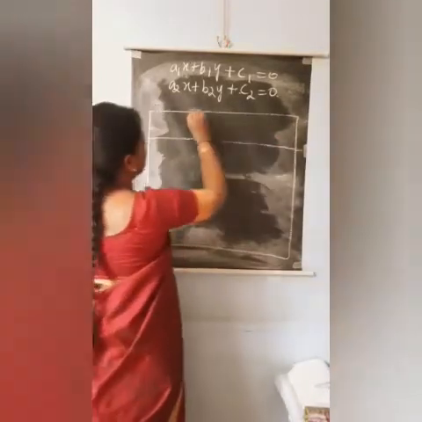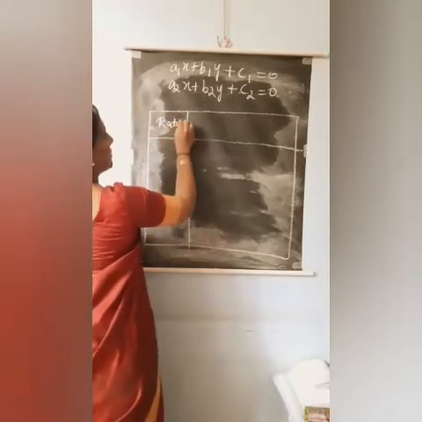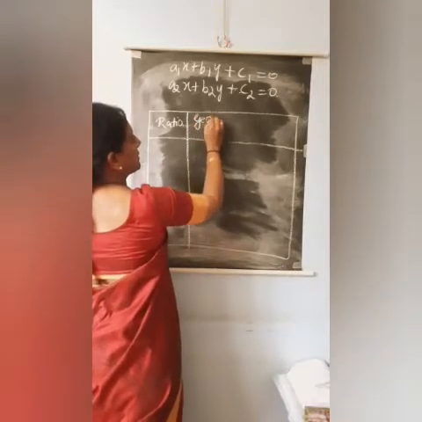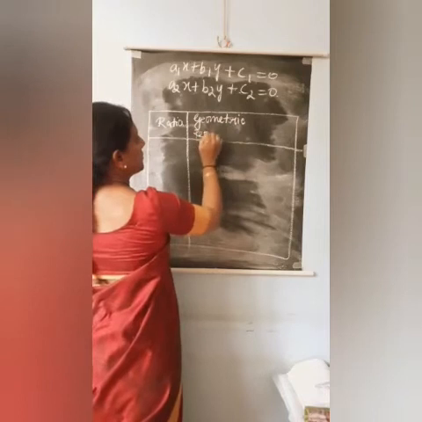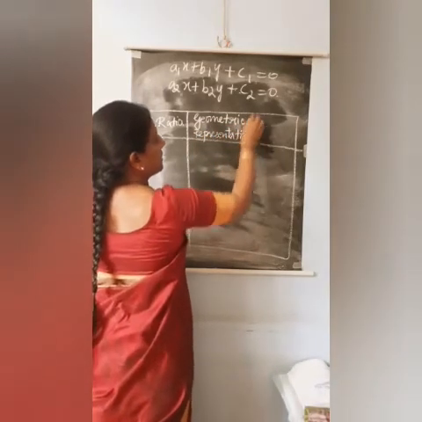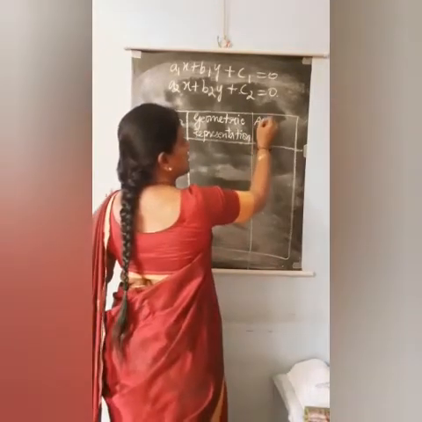First we have the ratio. Next we'll have the geometric representation. Then we'll have the algebraic interpretation.